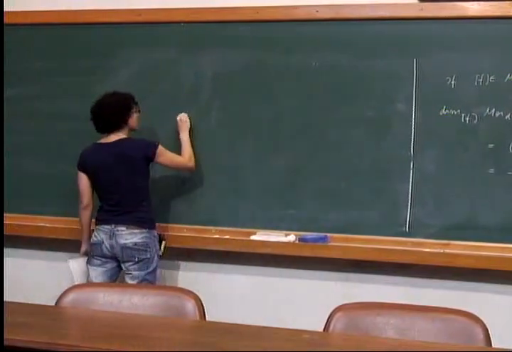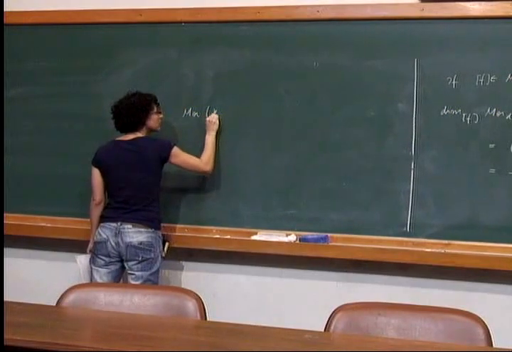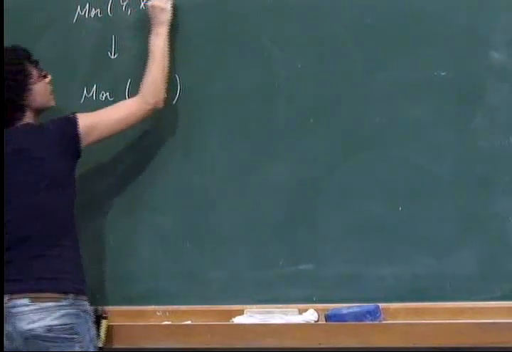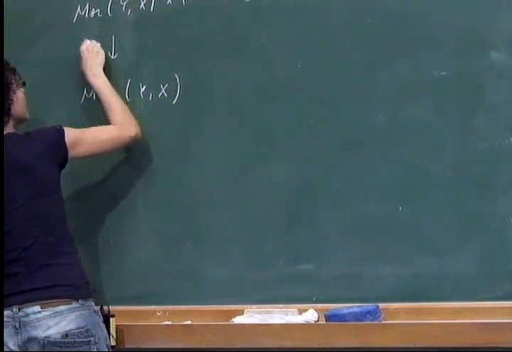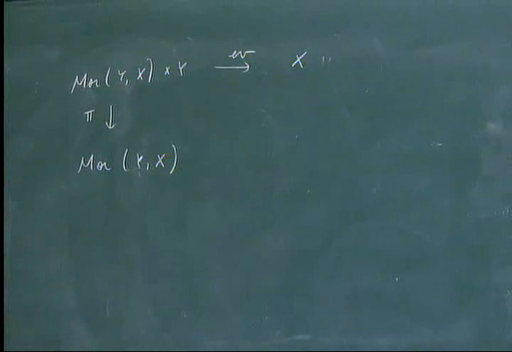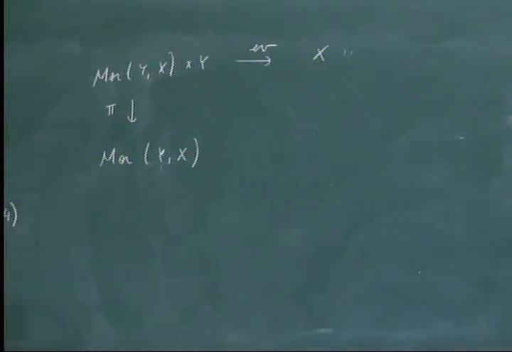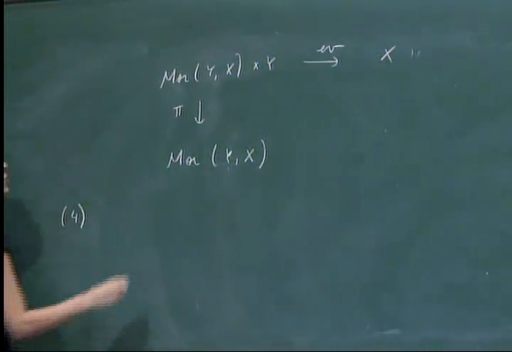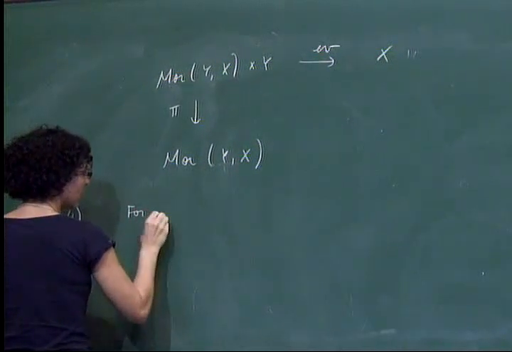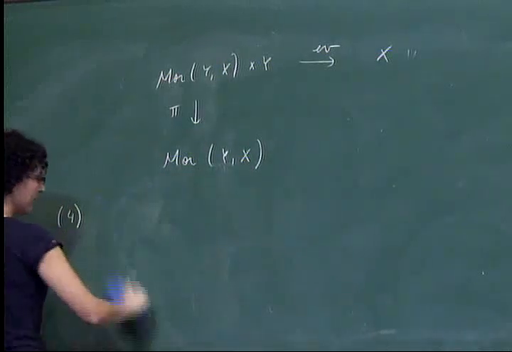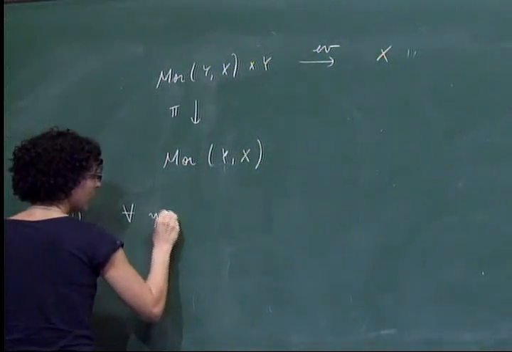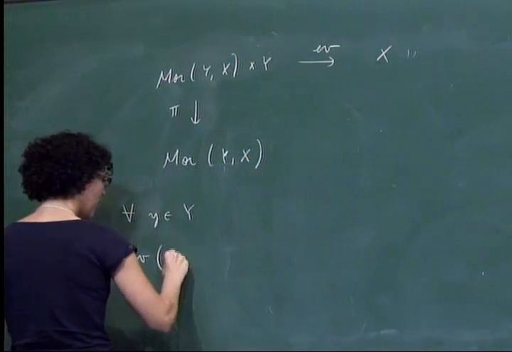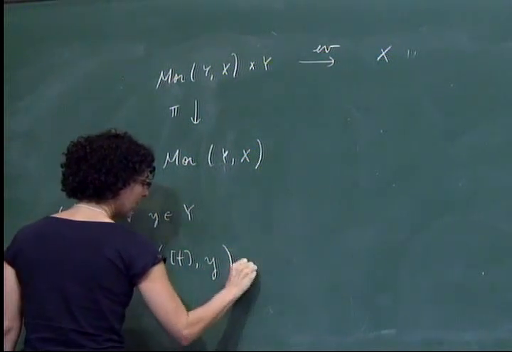So as we saw, this space of parameters comes with a universal morphism to X. And we are interested in describing the tangent of the morphism F. So for every y in Y, the derivative of F at the point (F, y) is given as follows.